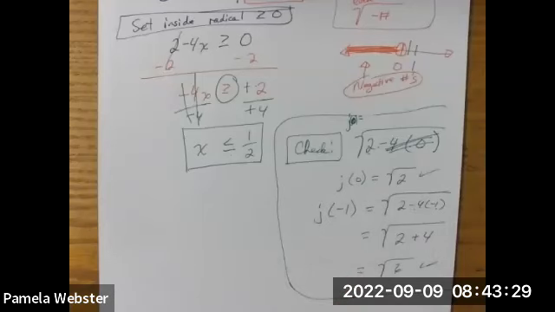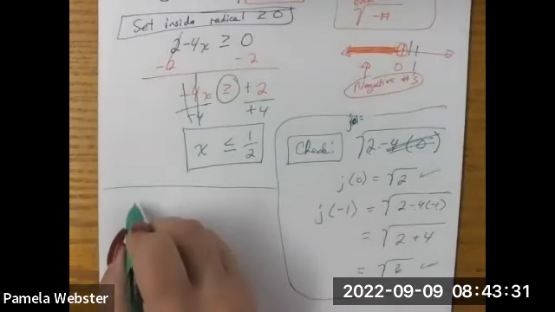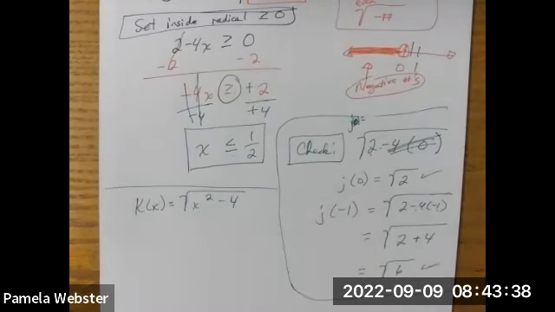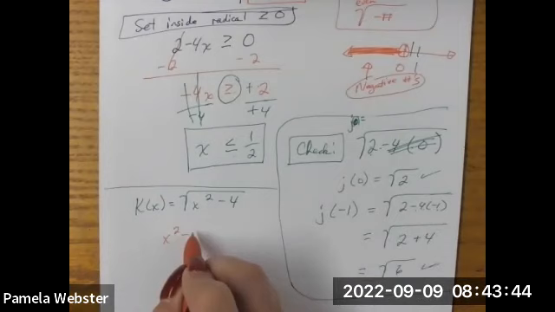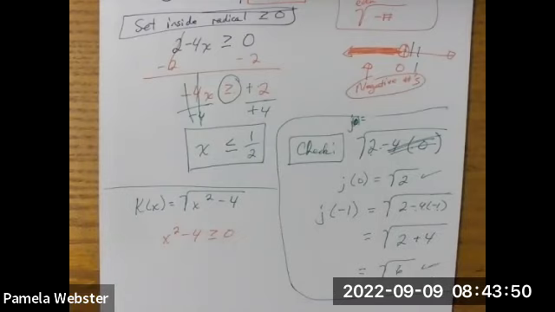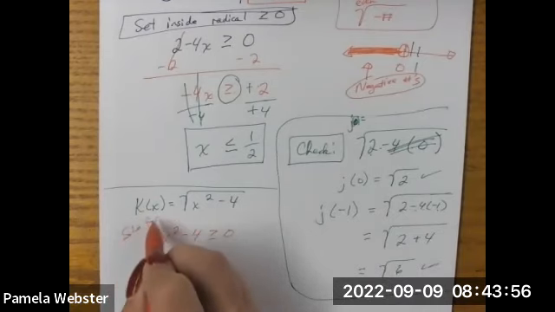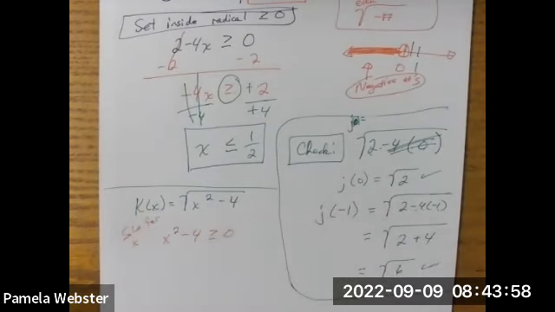So if you want one to work with to try it and see, you can do k of x equals the square root of x squared minus 4 and see if you can figure out what you need. So as a reminder, x squared minus 4 needs to be greater than or equal to 0 in order for this to not be a bad spot in my domain. I don't want bad spots, I want the good spots. So solve for x, and that will tell you where you have to be.